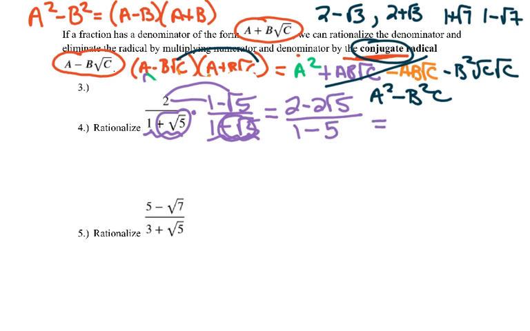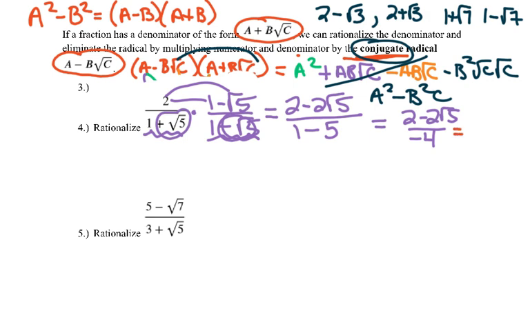We can simplify this further by saying it's 2 minus 2 root 5 all over negative 4. But don't stop there. Always ask yourself, can I simplify? Is this the most simplified it is? And hopefully you see that there's still a factor of 2 in every single term.